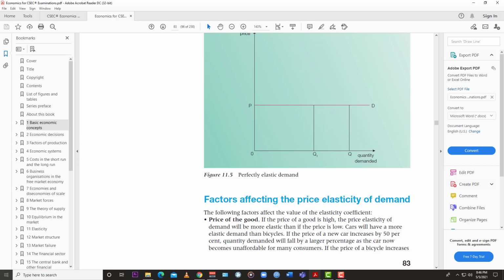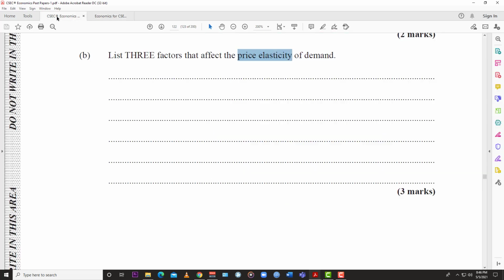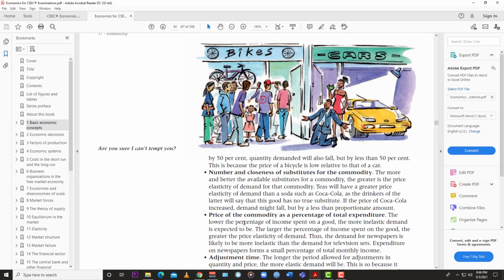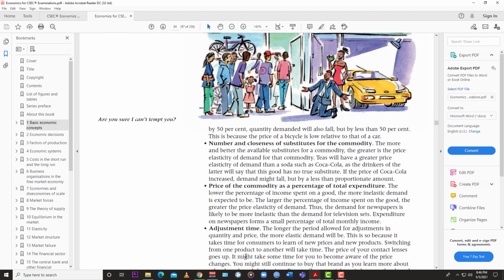So, factors affecting the price elasticity of demand. Let me see what they said. They said just list. You don't have to explain, just list. So you have the price of the good, the number and closeness of substitutes for the commodity, the price of the commodity as a percentage of total expenditure, so how much of your total spending is on that good. Then you have adjustment for time.